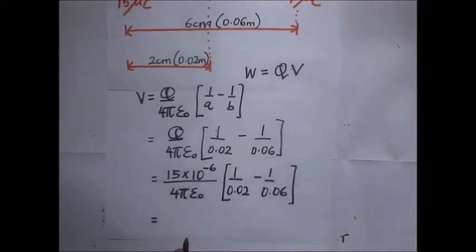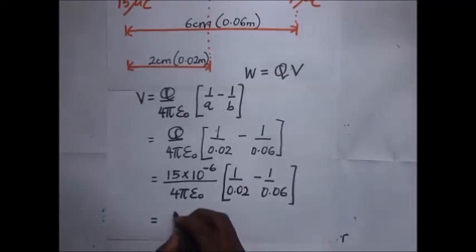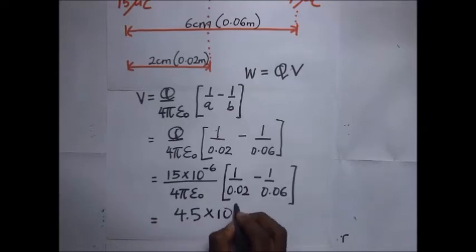This is equal to 15 times 10 to the power negative 6, multiplied by 9 times 10 to the power 9 into that, and our answer here will be 4.5 times 10 to the power 6 volts.